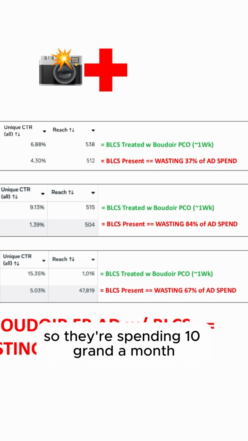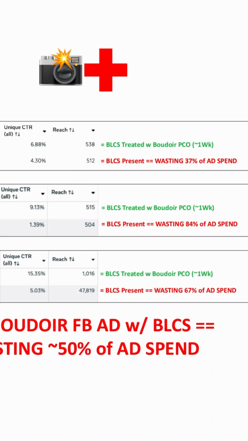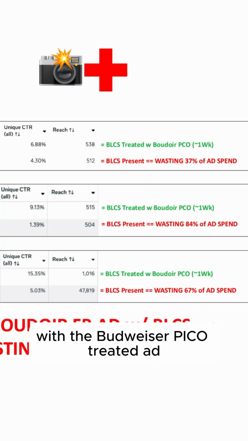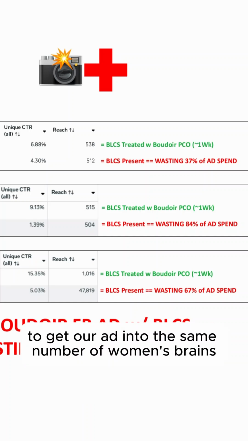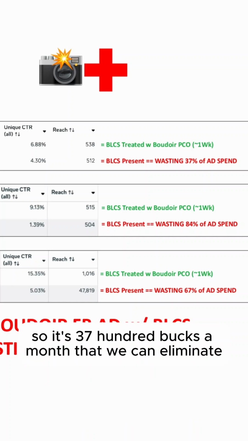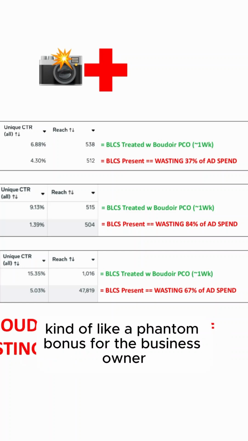So if they're spending 10 grand a month on boudoir Facebook ads with that original, then we now only have to spend $6,300 a month with the boudoir Pico treated ad to get our ad into the same number of women's brains. So it's $3,700 a month that we can eliminate that was being wasted, and we can save that money, kind of like a phantom bonus for the business owner.